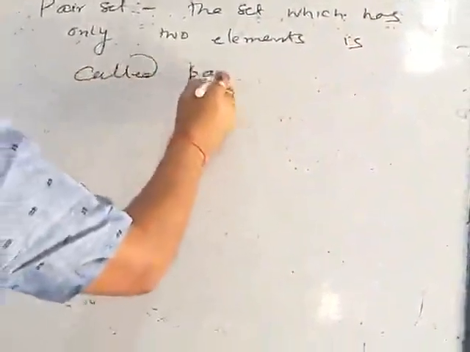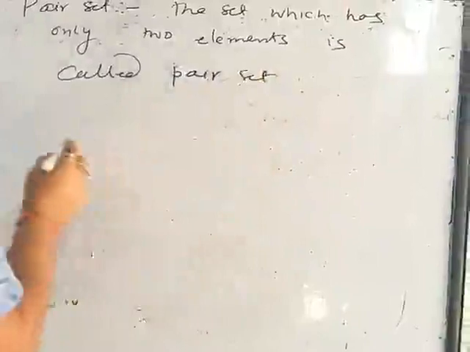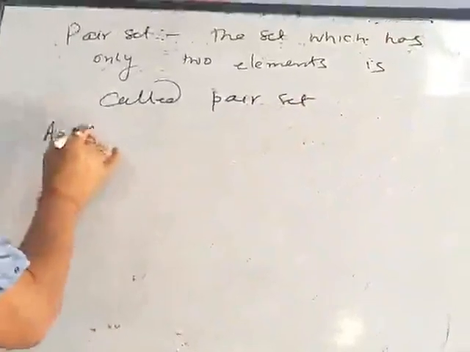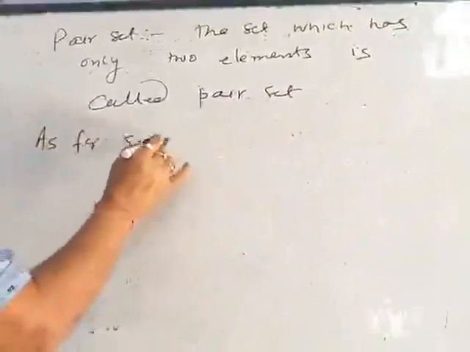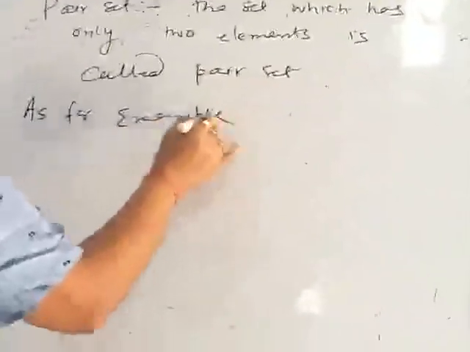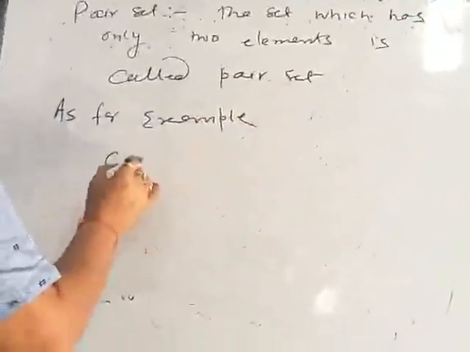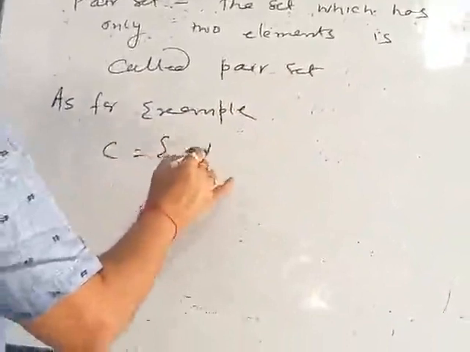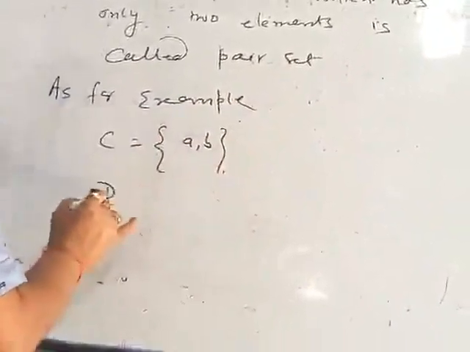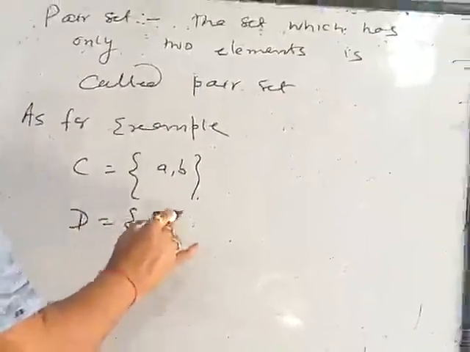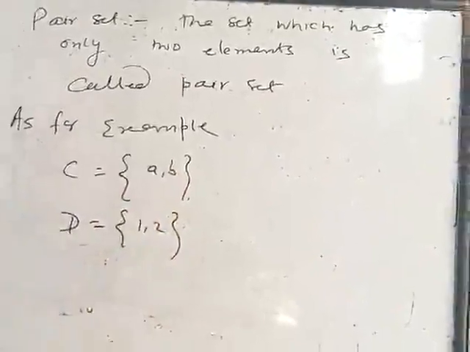As for example, C is a set with only a, b, a pair set. 1, 2. This is a pair set.